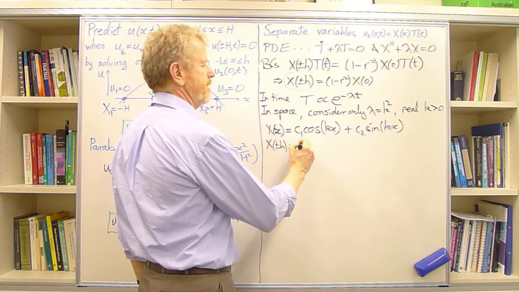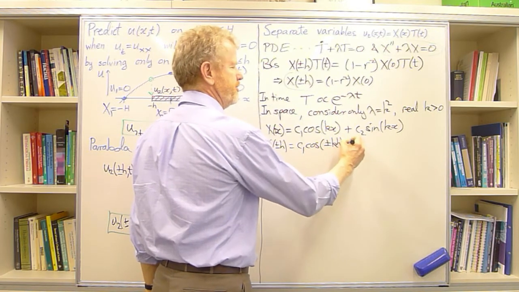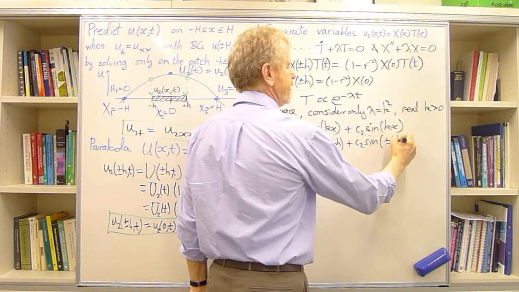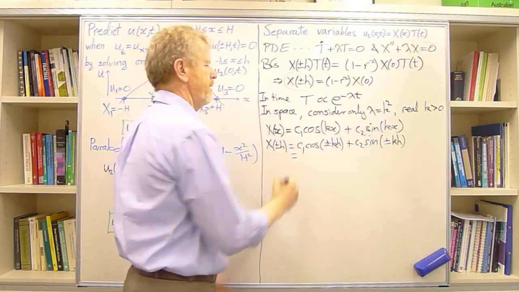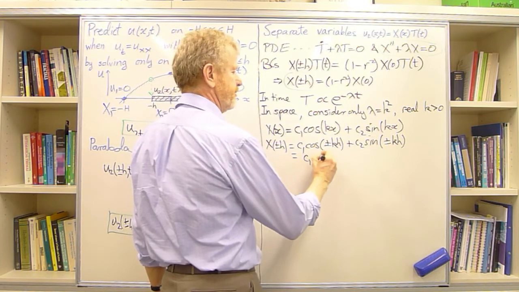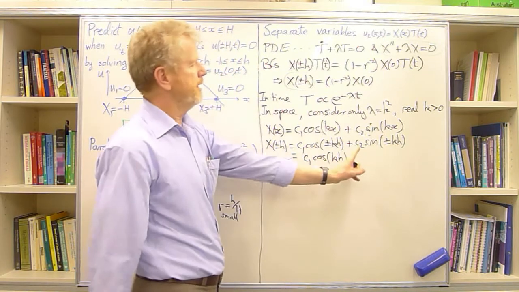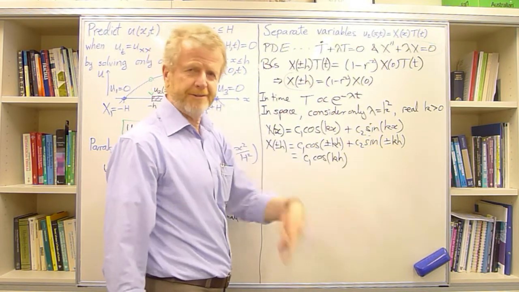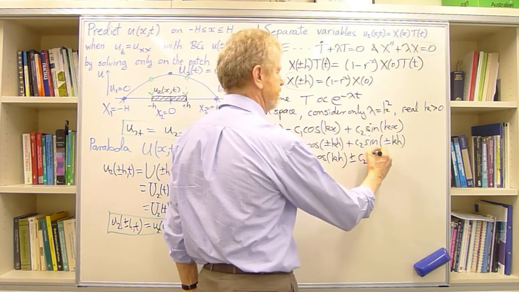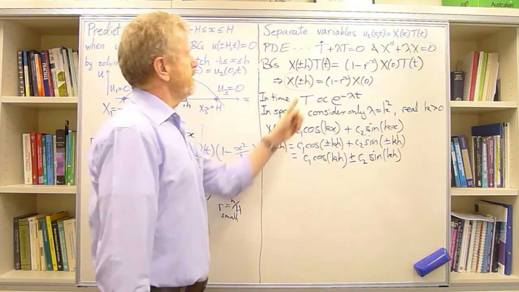Firstly, X of plus or minus h is c1 cosine of plus or minus kh plus c2 sine of plus or minus kh. Cosine of plus and minus is the same thing as just cosine, so that's c1 cos kh. And then sine of plus or minus is plus or minus sine, so it's plus or minus c2 sine kh. That's the left-hand side of this condition.